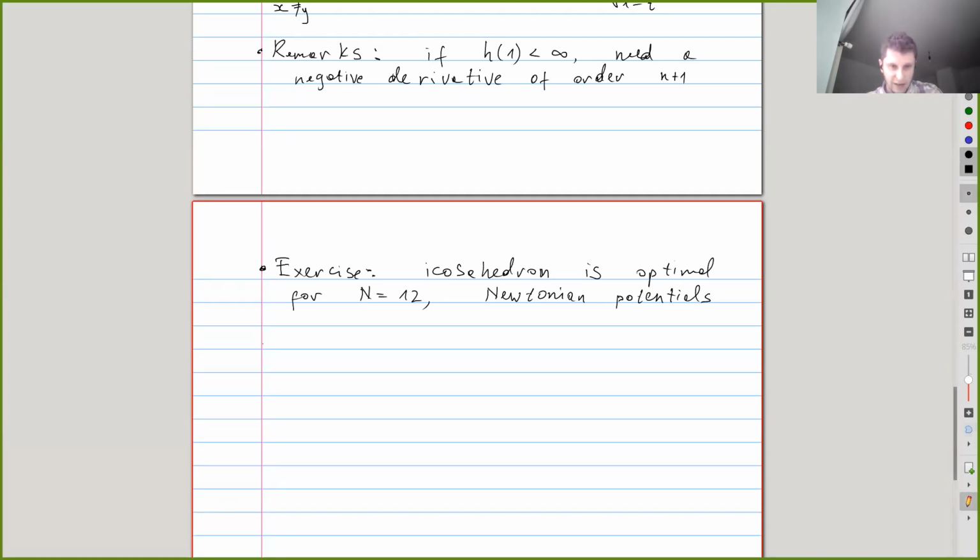And finally, one last caveat. So I'll post some more interactions for which things work out nicely, and you can prove optimality and so on. But the main caveat is that things are generally nice only for nice configurations.